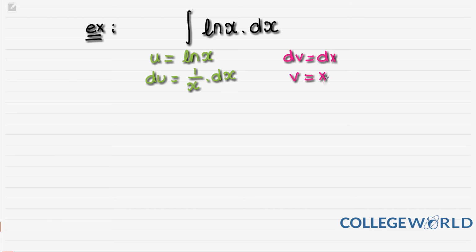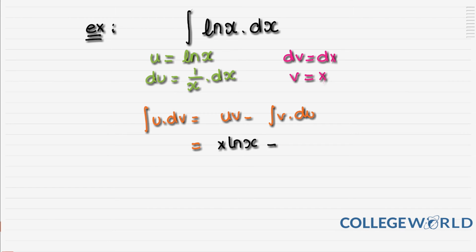Now if we want to write the general formula again, which is the integral of u dv equals uv minus the integral of v du, we're going to replace here, so our uv is going to be x ln x, and this is going to be minus our v, which is x, times du, which is 1 over x dx.